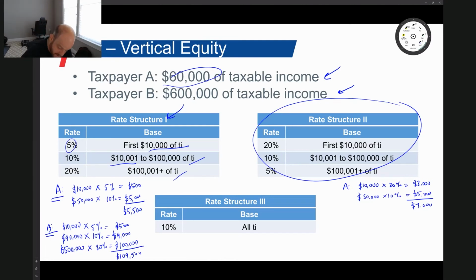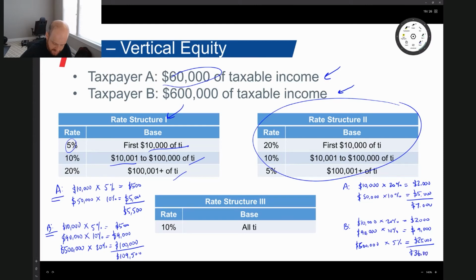For taxpayer B, they're going to pay 20% on the $10,000, $2,000. They're going to pay 10% on the $90,000 for $9,000, and they're going to pay 5% on the remaining $500,000 for $25,000.